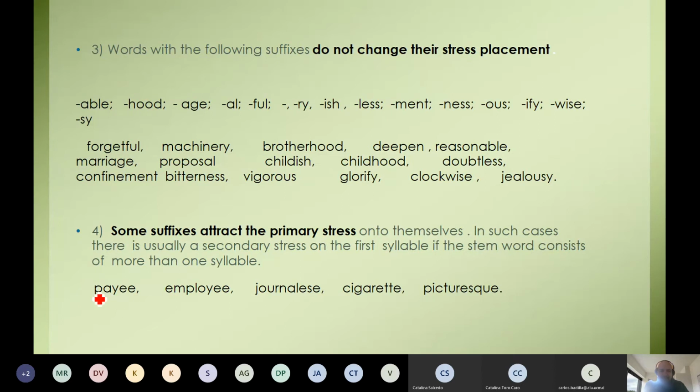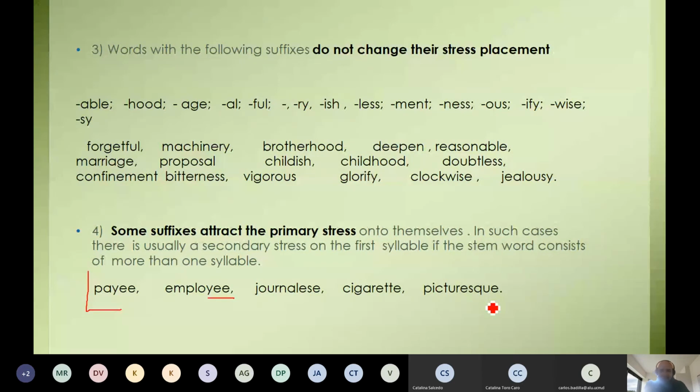For example, I'm reading the last example here, the last line. Pay turns to payee. Employ, employee. Journal, journalese. Cigar, cigarette. Picture, picturesque.